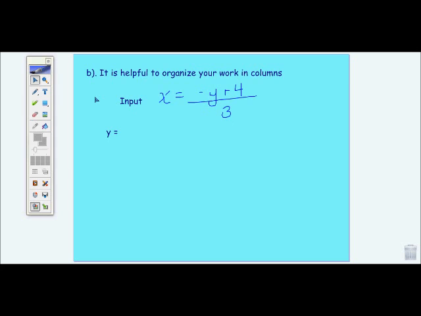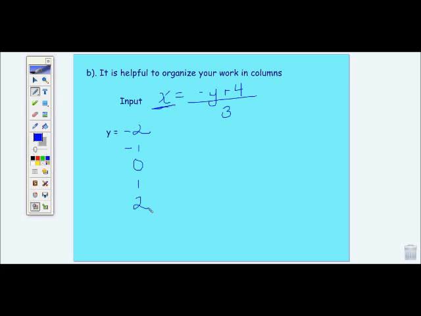Alright, so the input-output means that I'm going to put in a value for, in this case, because x is going to be our output, because we're solving for x here, I'm going to give some values for y. So the inputs that I'm going to put in here are y equals negative 2, negative 1, 0, 1, and 2.